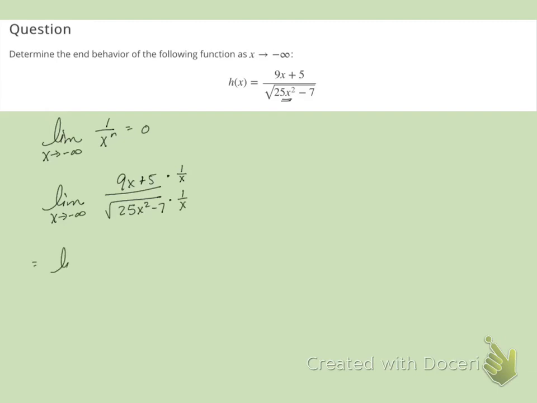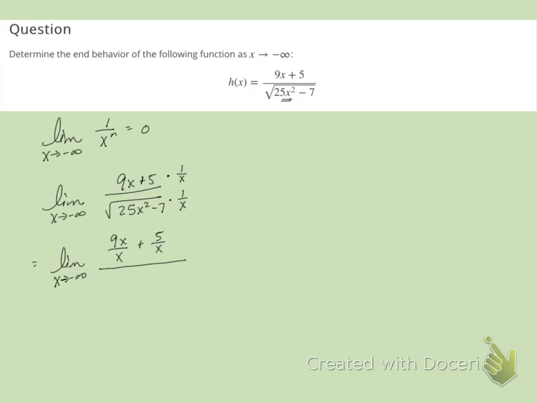And that will give me the limit as x approaches negative infinity of 9x over x plus 5 over x. And when I bring this 1 over x, right now it's outside the radical.